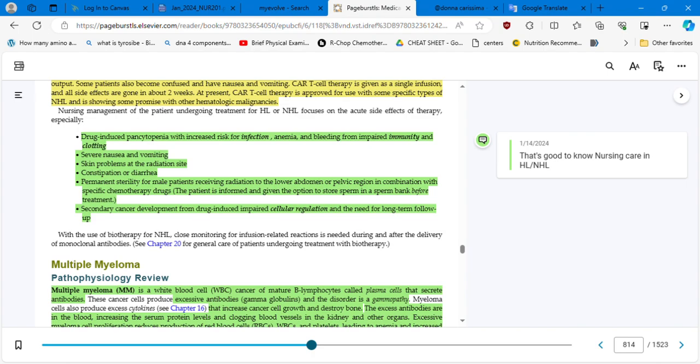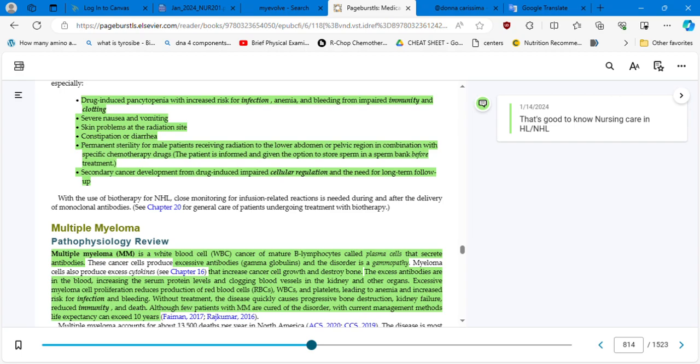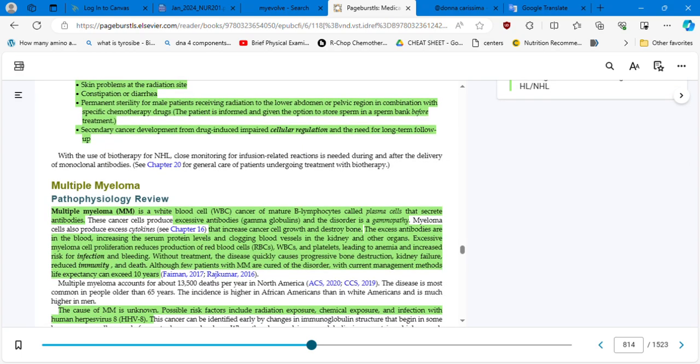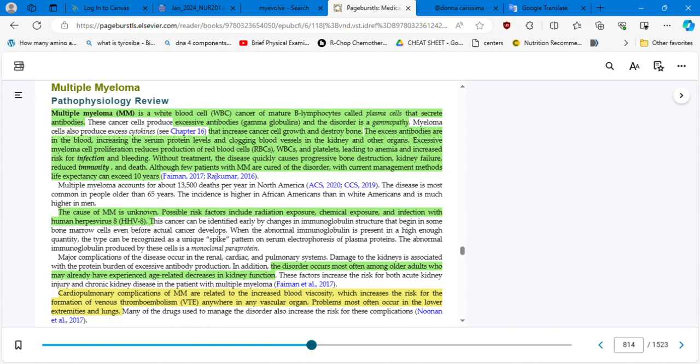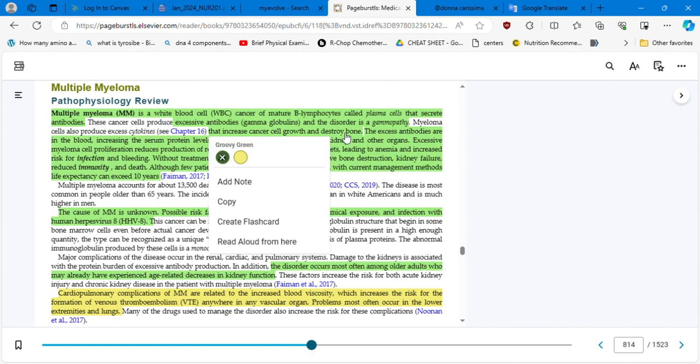So this is all about the lymphomas. Let's go to multiple myeloma. For multiple myeloma, what I see in your PowerPoint is that they are telling you it is a WBC cancer of mature B lymphocytes.